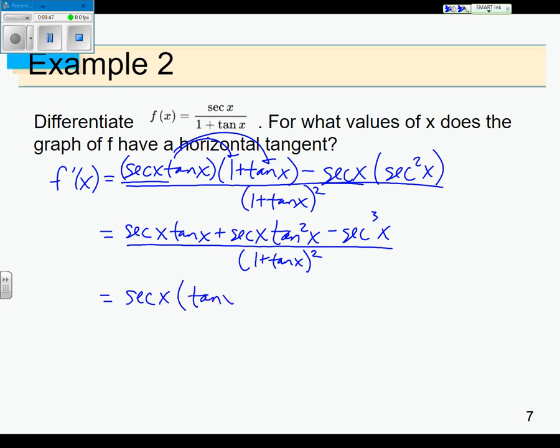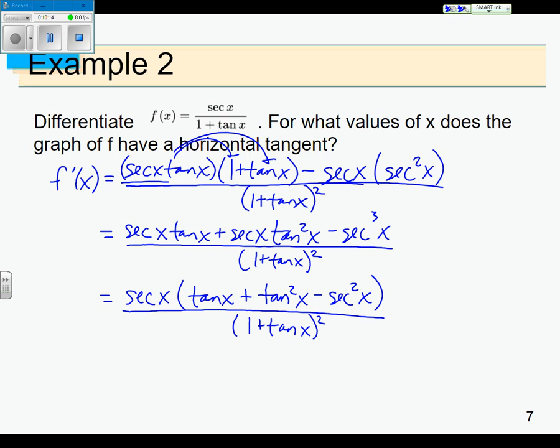Instead, it's going to be tangent x plus tangent squared x minus, I'll pull that as secant, so it's going to be secant squared x. I almost had you guys do this problem on your own. I've been going back and explaining a lot. I do think it simplifies more.